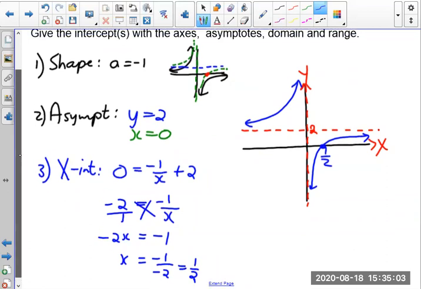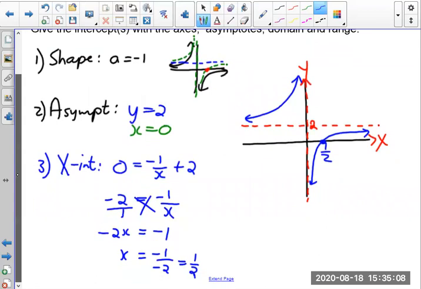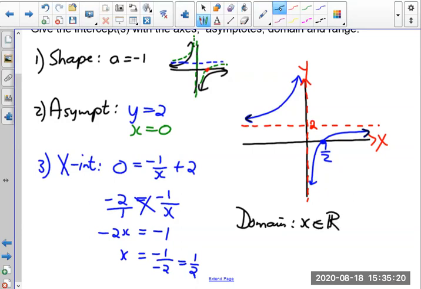Okay, I've given the intercept, asymptotes, now the domain and range. So domain, we said from minus infinity to positive infinity. So the x is element of real numbers, but remember to exclude the asymptote.